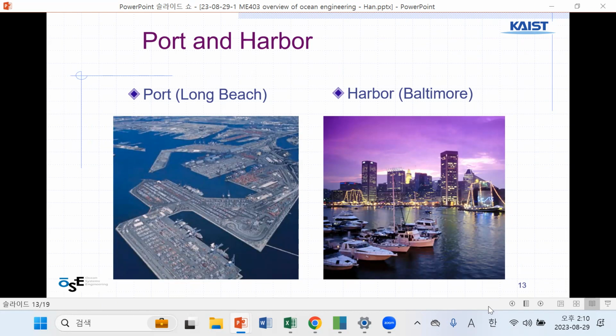But anyway, many people don't know. This is a ship, a big ship. So the port is big. You can see more ships here, ships and ships and ships. And these are container cranes.